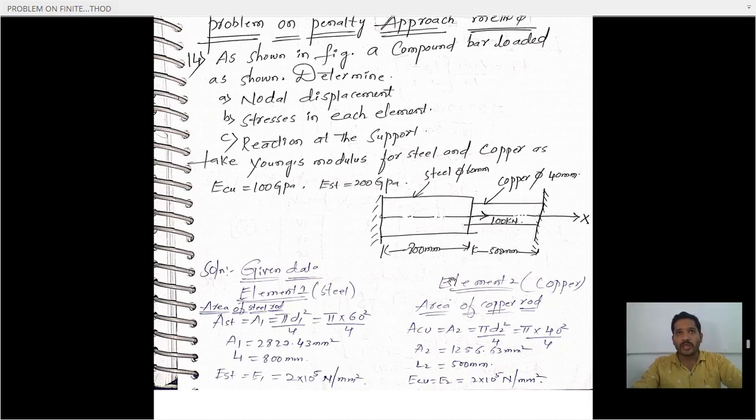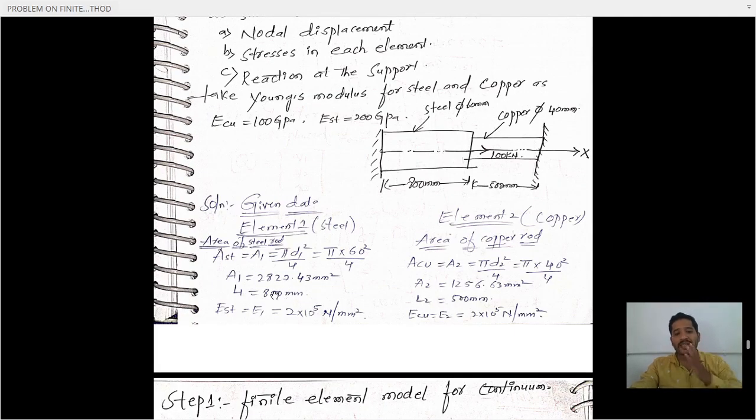First of all we need to find the solution. We consider the first element as the steel and the second element as the copper. In the given data, element 1 is the steel. First we need to find the area, because the diameter is given.